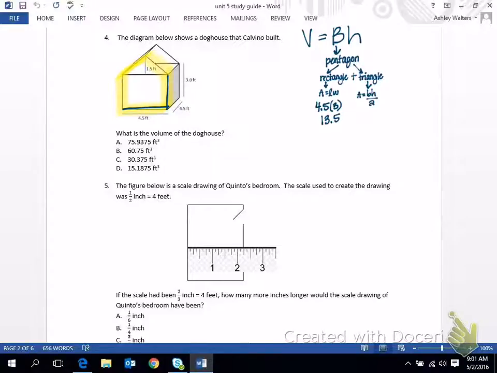We'll then add that to the area of the triangle. And the triangle has a base of 4.5 feet and a height of 1.5 feet.